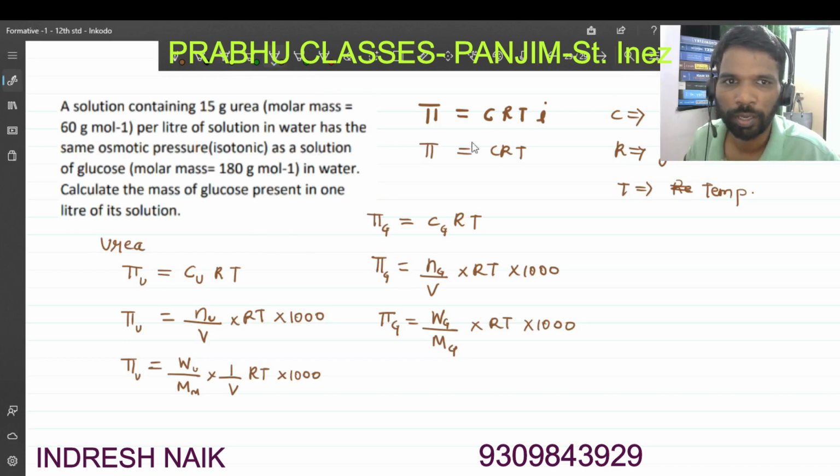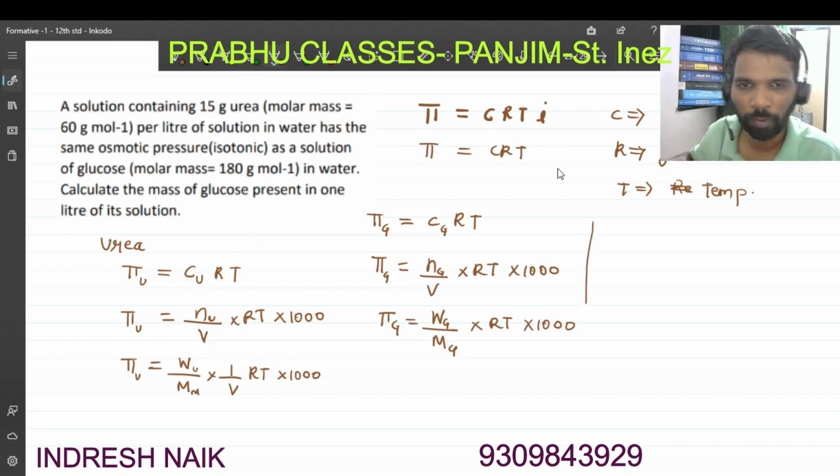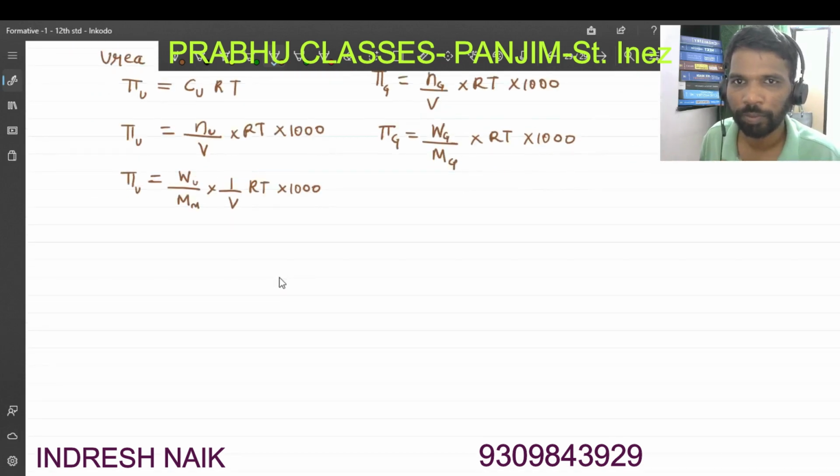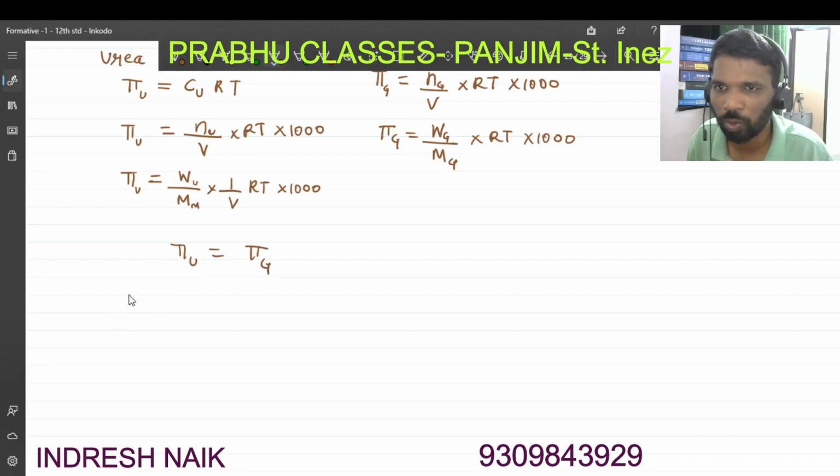Means what we can say here is that pi urea is equal to pi glucose.